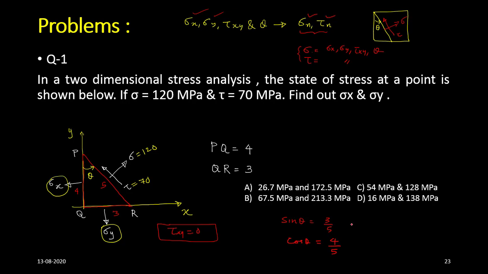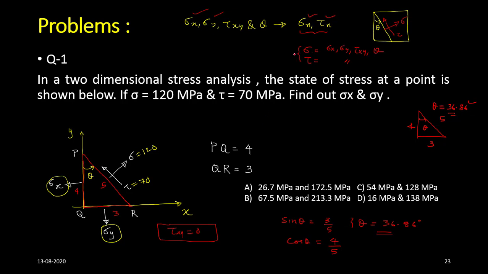If you want, you can find theta, which comes to 36.86 degrees. You should know this famous 3-4-5 triangle. The angle opposite to side 3 is 36.86 degrees; you can also take the sine inverse. So now we can use the equations.